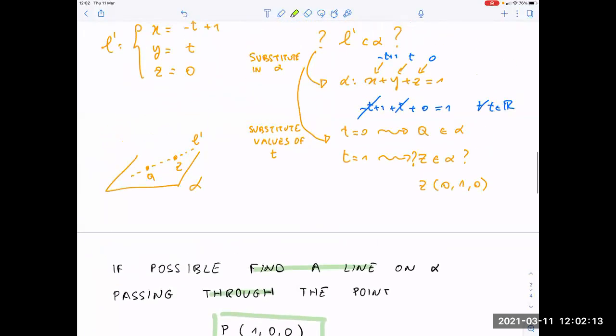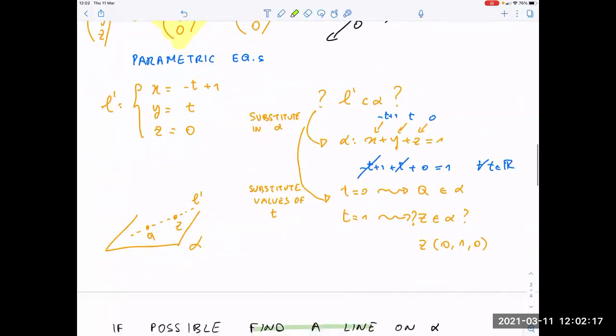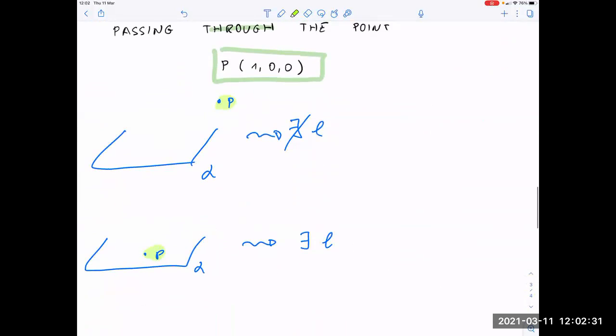The line we found goes through point 100 and 010. Yeah, by good luck, this is what we managed to do. But, you know, you have to realize it. Okay, so what is the fact?